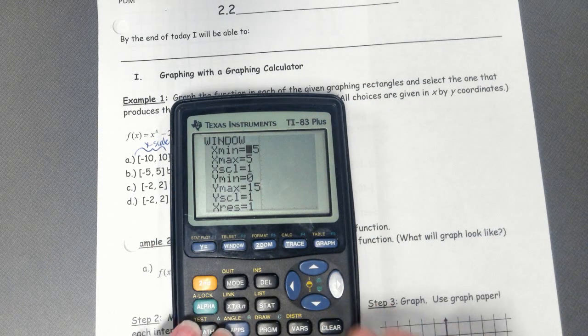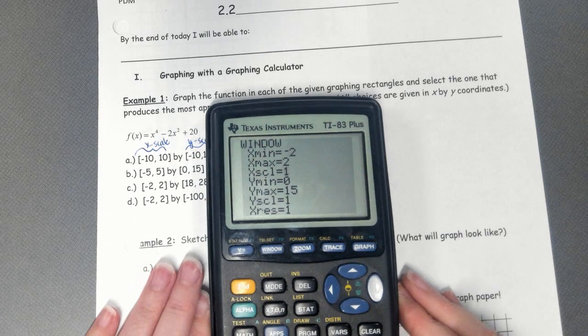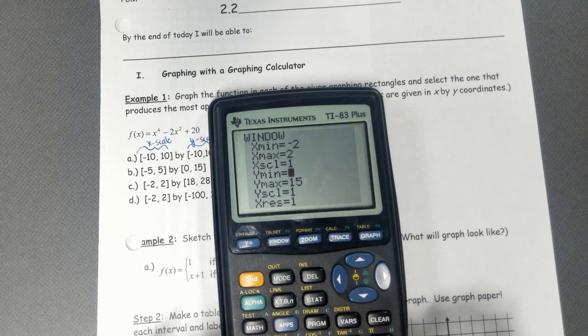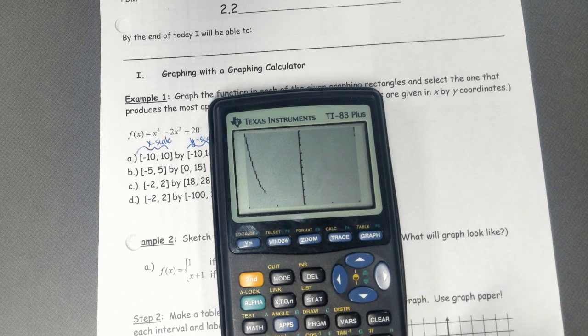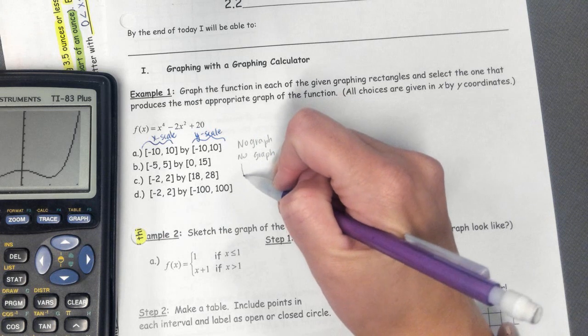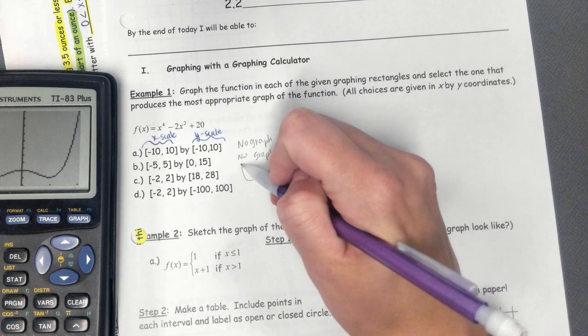Alright, so now we're going to go negative 2 to 2. So we're making the x's even smaller, and then we're going to go to 18 to 28. All right. That looks pretty good. All right, so we have like this saw curve here. These are going up on both sides.